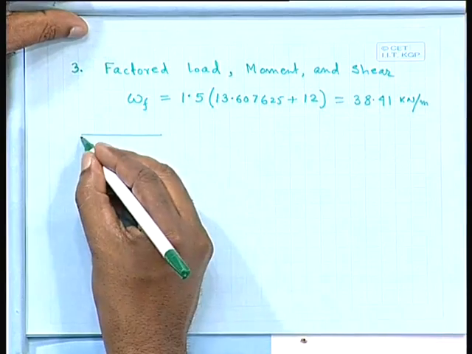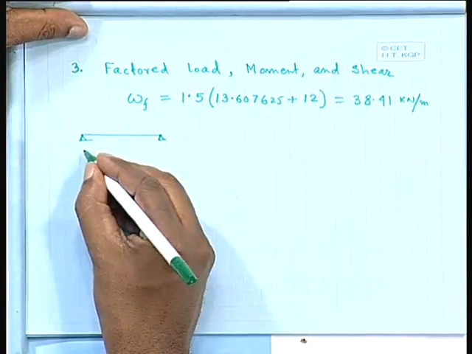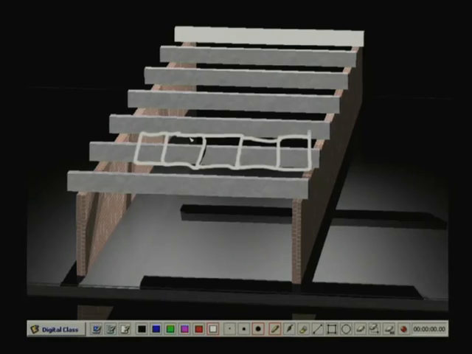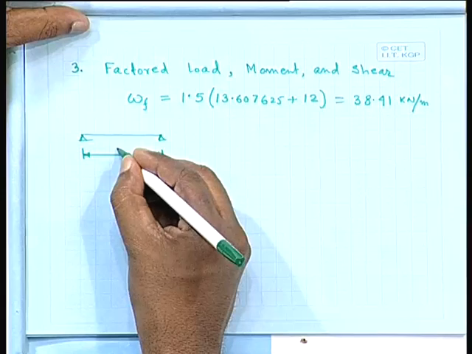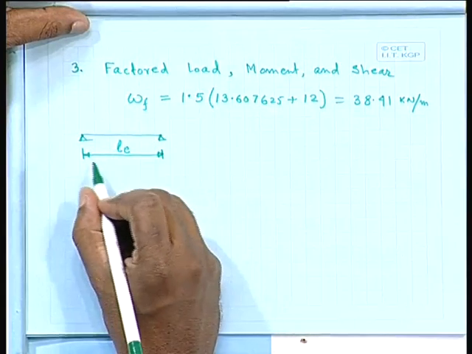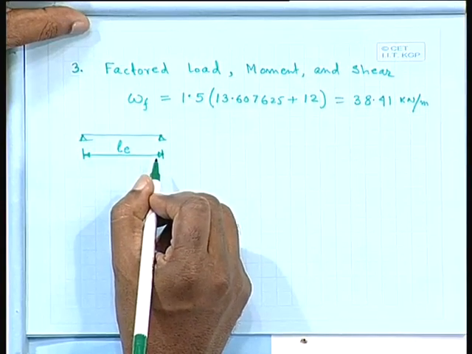So, we can take the moment at the mid span, and we need the effect, we call it effective span. Instead of saying this, we call it say effective span. What is that one?